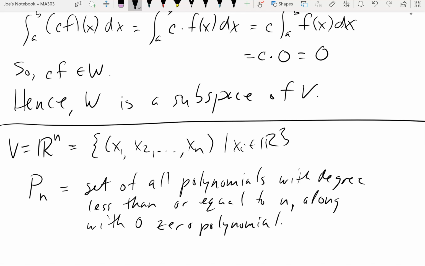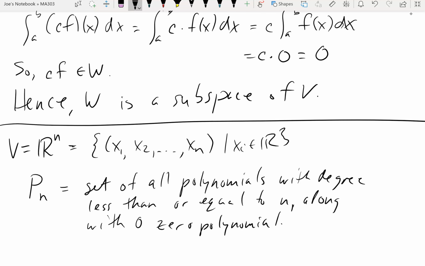Remember that the degree of a polynomial is the highest power of x that you see in the polynomial. So non-zero constant polynomials have degree 0. However, the 0 polynomial doesn't have a degree, because I can't tell if it's 0, 0x squared, or 0x to the 757th power. It's not well defined. So the 0 polynomial doesn't have a degree, which is why I have to put that extra addendum in there.